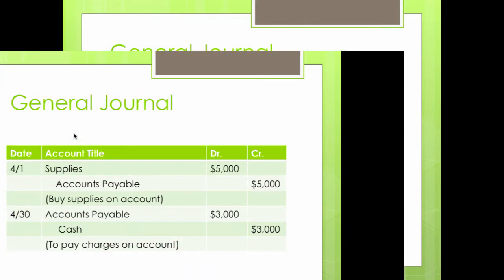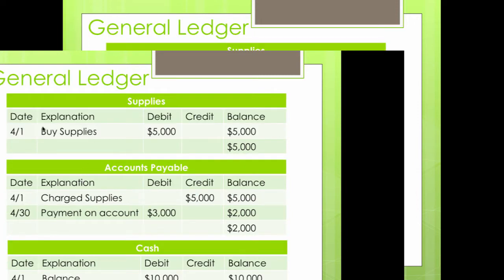For supplies, if you notice on this general journal, there's only one transaction that's related to supplies, which is the first one. I don't see another supplies account after that. That's the reason why in the supplies account in the general ledger, there's only one transaction.